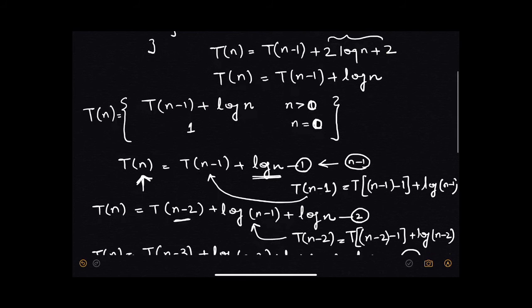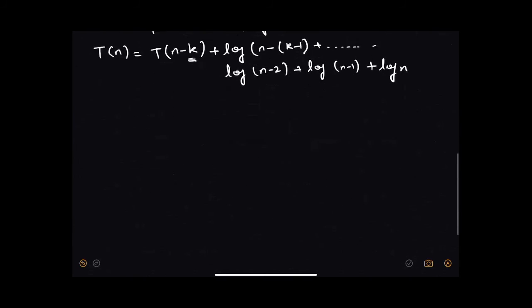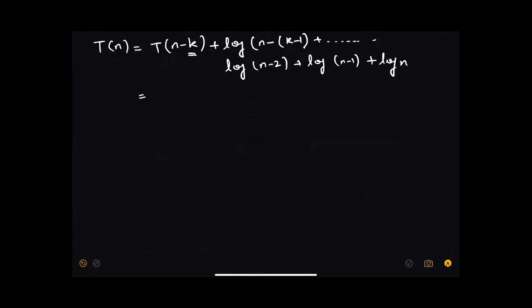According to my stopping condition, when n becomes 0, the value becomes 1, that is, I am having the value of T(0) as 1. I want T(0) over here, so I can say that let n-k equal 0. This becomes n equals k.